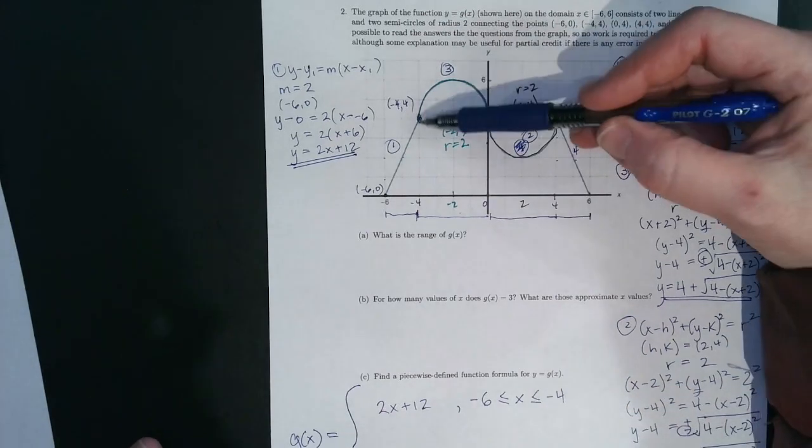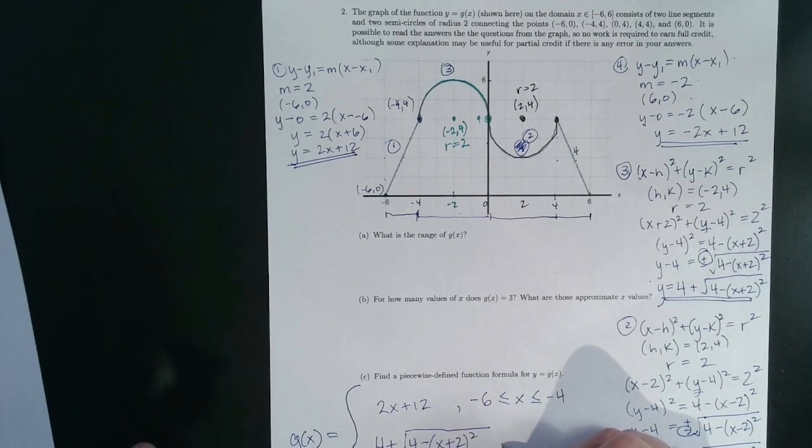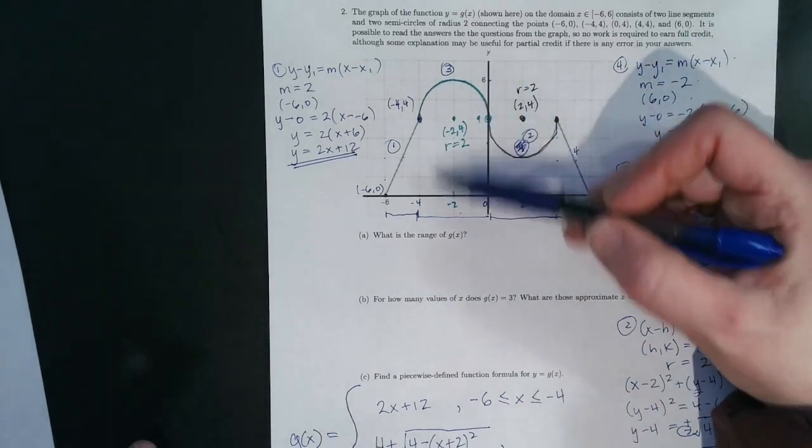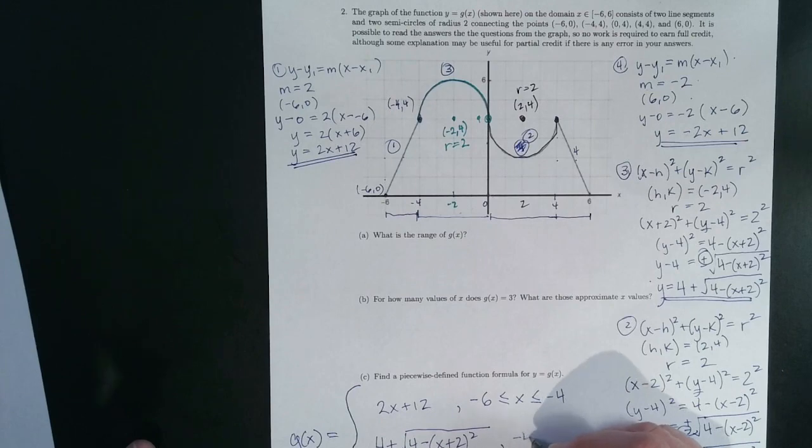The second part is this half circle, so we go to this equation, and we have 4 plus the square root of 4 minus x plus 2 squared. And that is good for the second half when x is in between negative 4 and 0. Negative 4 less than x, less than or equal to 0.